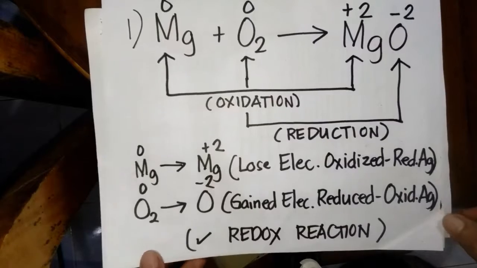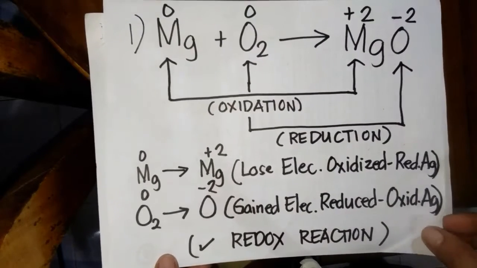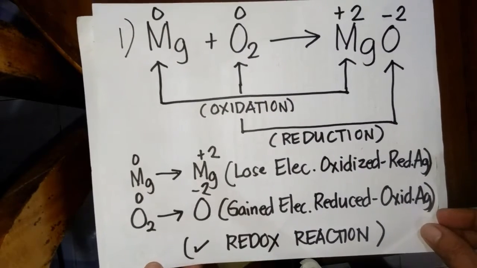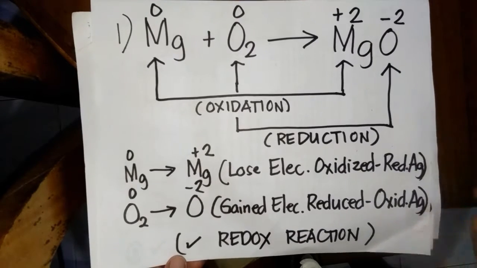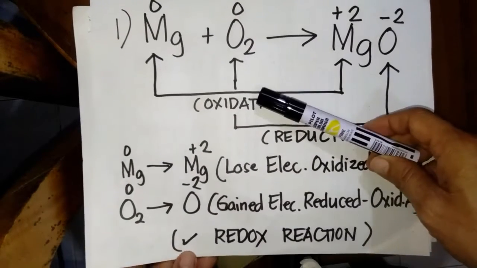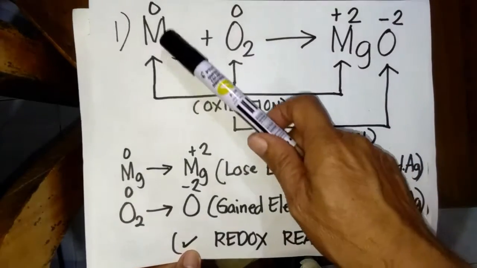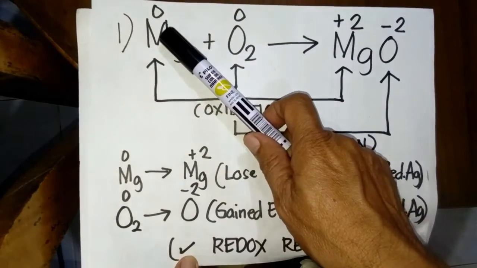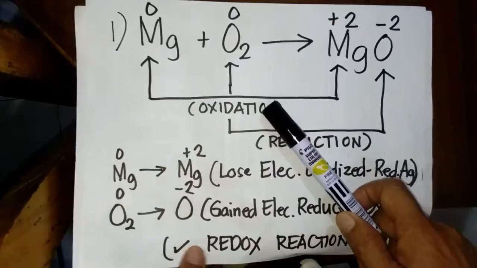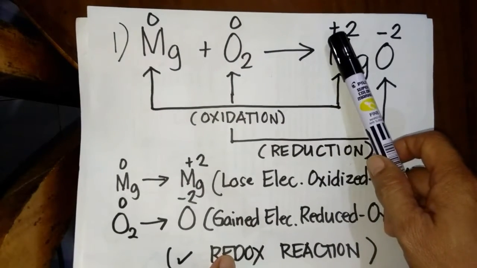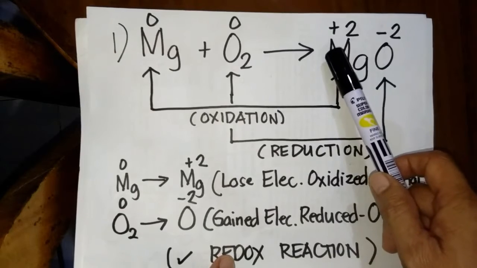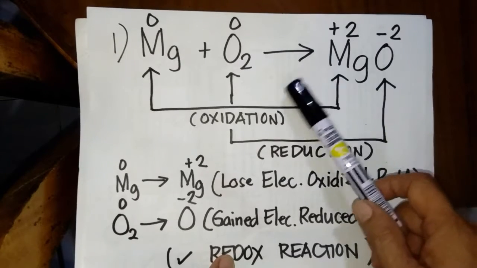Okay, so here is an example. If there is a change in oxidation number, we can determine if it is redox. We can see here that magnesium has an oxidation number of 0, and then it changes to positive 2.